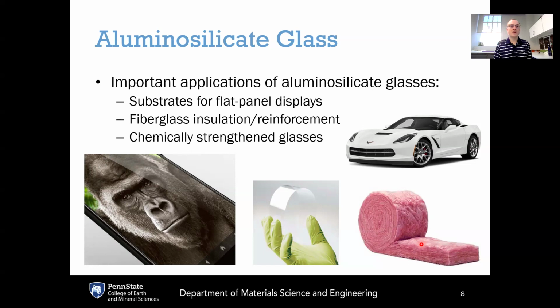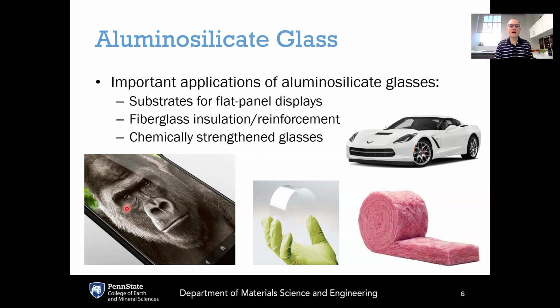Aluminosilicate glasses have been the compositional family for a wide range of advanced engineering glasses, including, for example, the Gorilla Glass that is probably on the cover of your smartphone. In this case, aluminosilicate glasses are chosen for their very high strength and the ability to chemically strengthen the glasses, which is something we'll get to towards the end of this course.